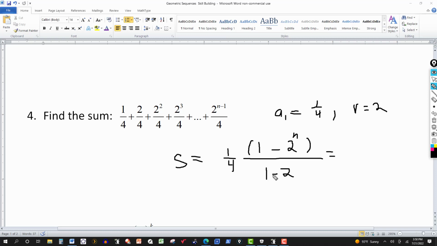So 1 minus 2 is negative 1, so we can just bring the negative 1 over here with the 1/4. So this is going to be negative 1/4 here, times 1 minus 2 to the n. Now if they give you the value of n, then you would just plug into this formula, use your calculator, and you have your answer. But in this case, we leave it in this form.